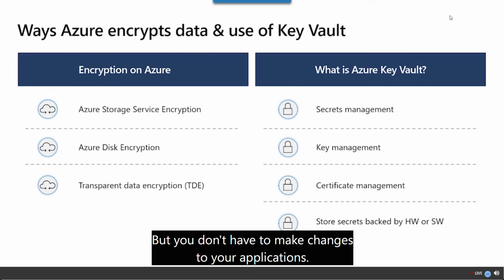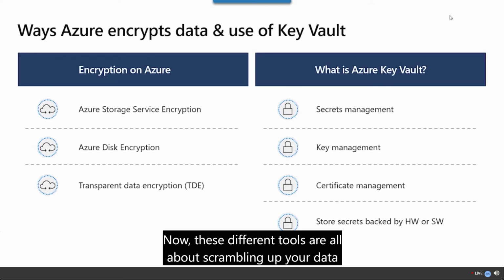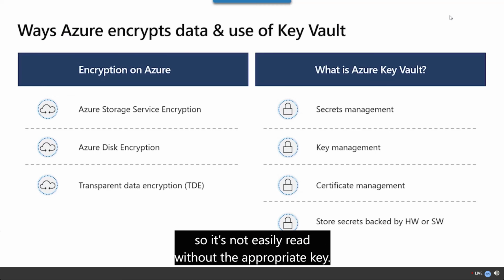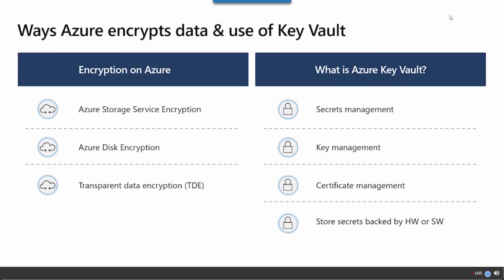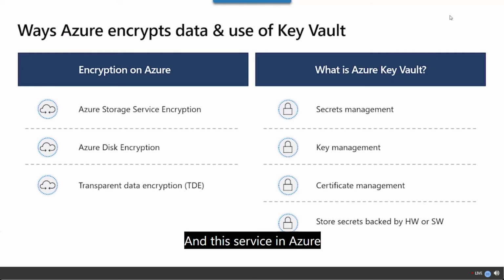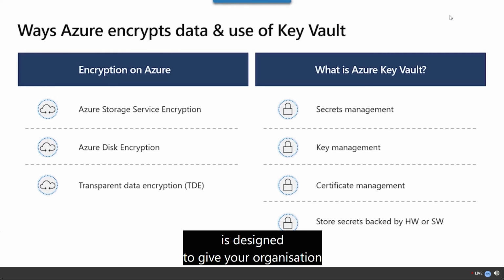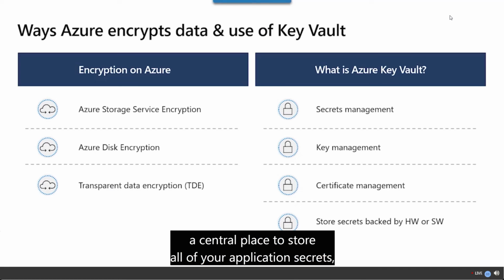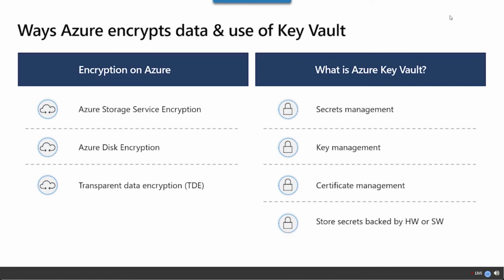but you don't have to make changes to your applications. Now, these different tools are all about scrambling up your data so it's not easily read without the appropriate key. But what about your organization's secrets? Well, that's where we have Azure Key Vault. This service in Azure is designed to give your organization a central place to store all of your application secrets. It's a vault.